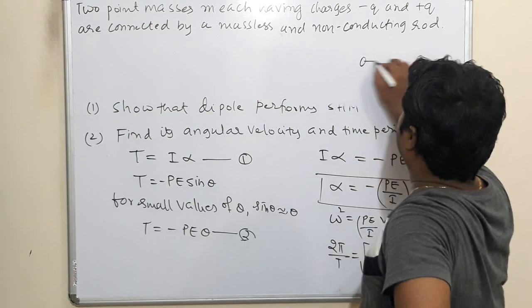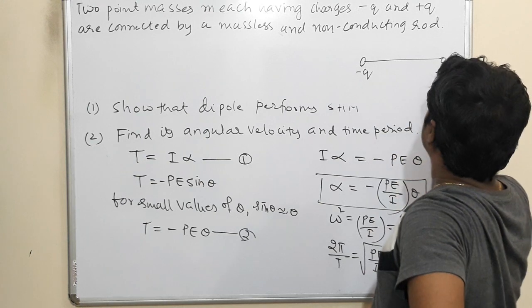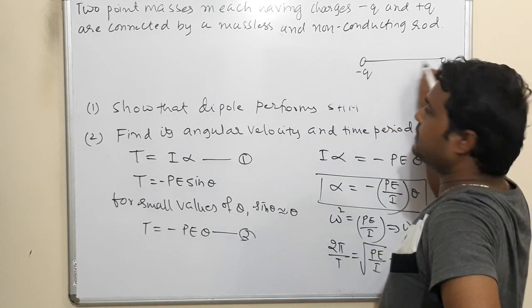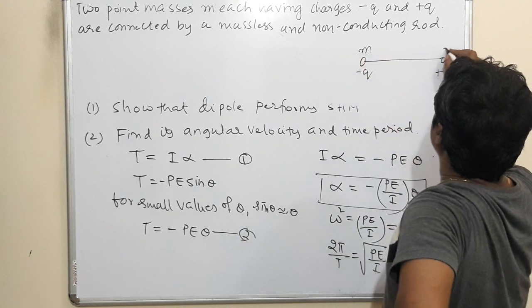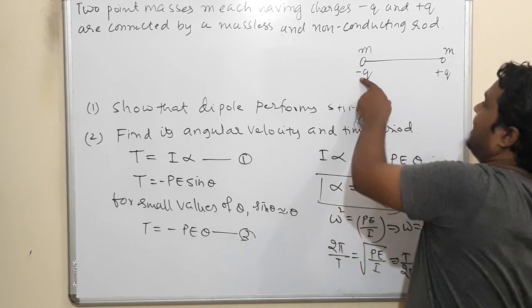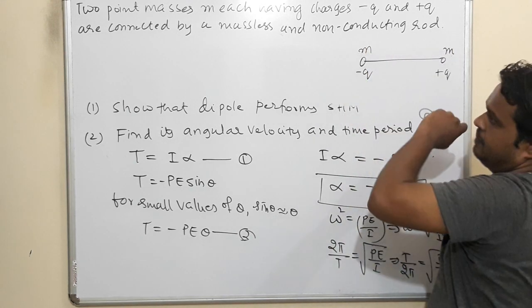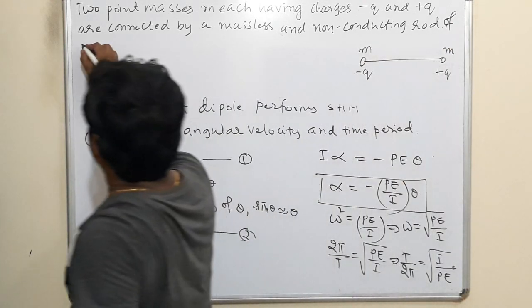Suppose it is connected like this: this is the rod, this is minus q, this is plus q. This should be massless. Mass is here and here. But mass is not in the rod. Mass is situated at the ends. Non-conducting rod of length L.